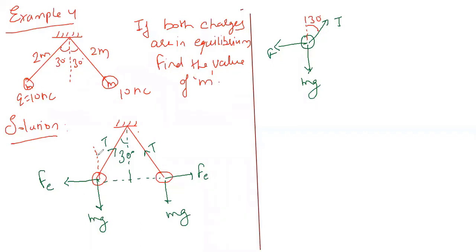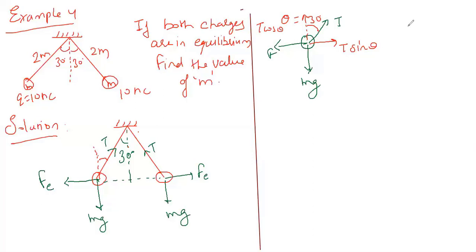These two are parallel, so this angle is 30, so this angle will also be 30. Let us take this theta in general. If we take components, the horizontal component will be T sine theta, and the upward component will come out to be T cos theta.